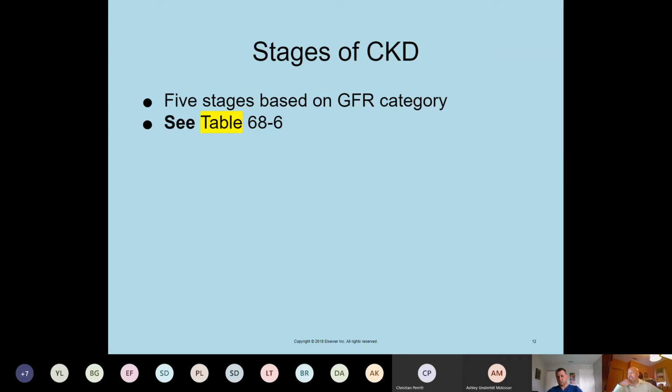Because these patients have abnormal urine findings, or they may have problems with the structure of the kidneys, or they could have some genetic issue as well. So just because the GFR is normal, these patients may be going into CKD. The GFR can be normal, but it doesn't mean that they're not going into chronic renal disease.